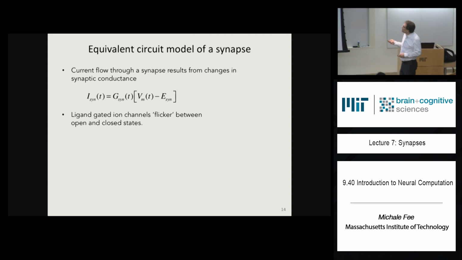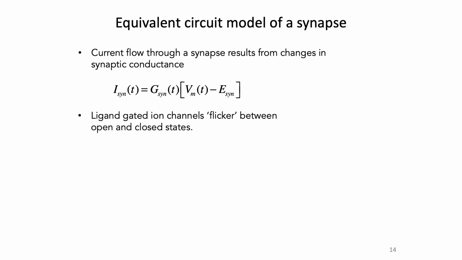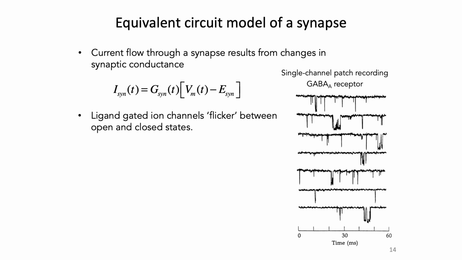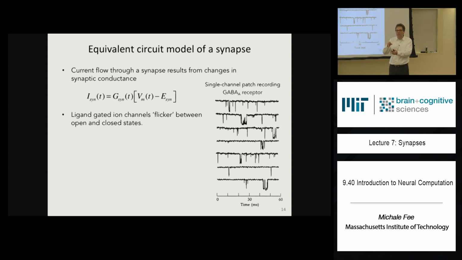All right. Let me just talk a little bit more about this conductance. If you do a single channel patch experiment, you can take an electrode. Remember, I showed you what it looks like if you stick an electrode on a single sodium channel or a single potassium channel.